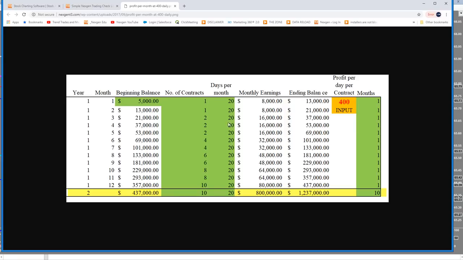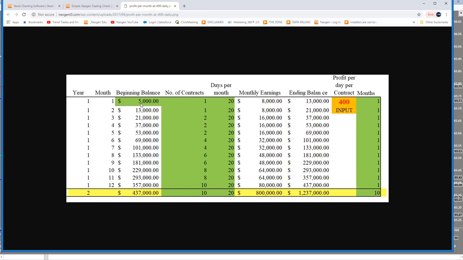Okay? What we're going to do today is a lesson in going back through history and seeing the trade. And again, I want you to do this with one objective in your mind. Somewhere between $300 and $400 a day is what you need on one contract. Because let's just say $400 a day, which is high.